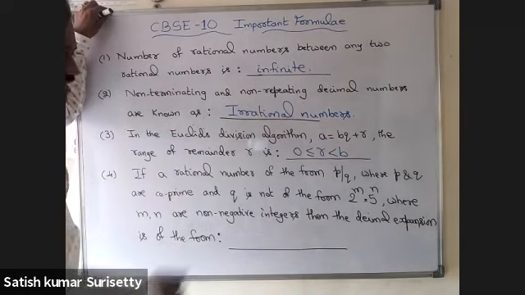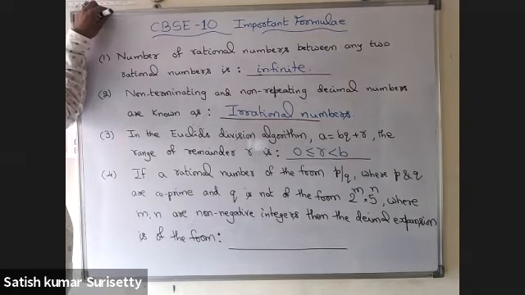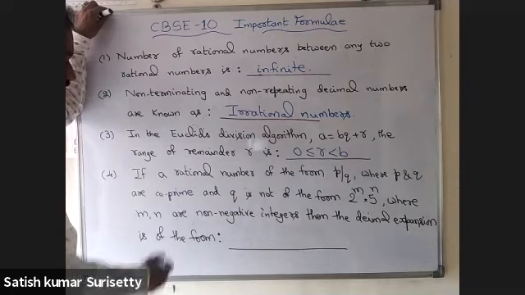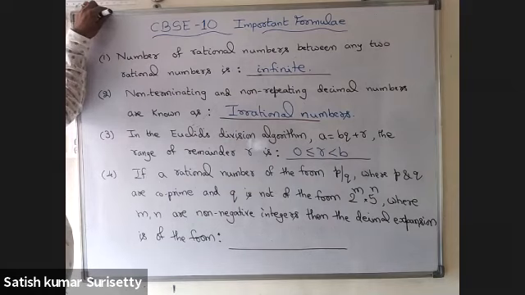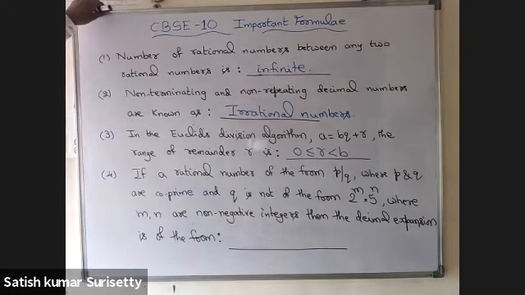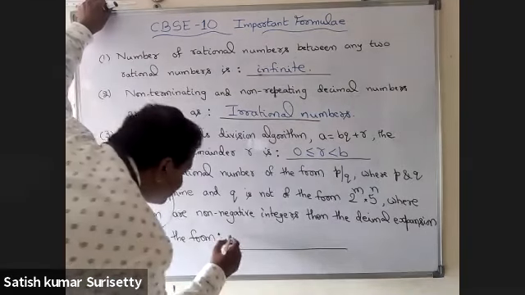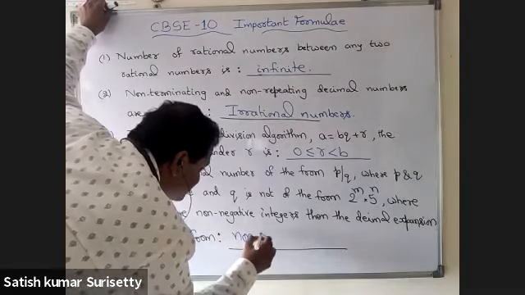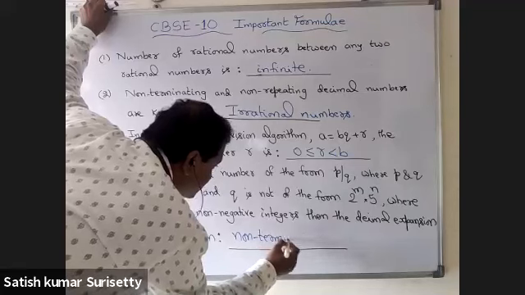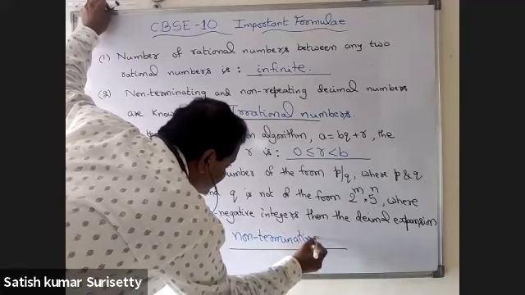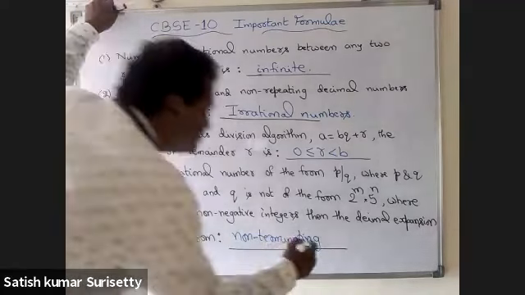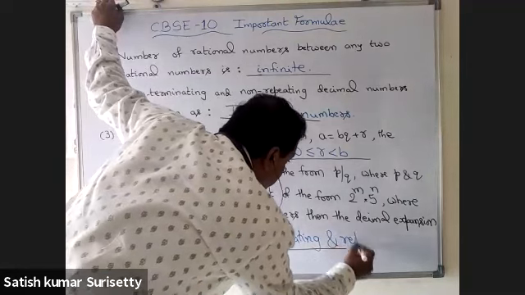If a rational number of the form p by q, where p and q are co-prime and q is not of the form 2 to the power of m into 5 to the power of n, where m and n are non-negative integers, then the decimal expansion is of the form non-terminating and repeating.